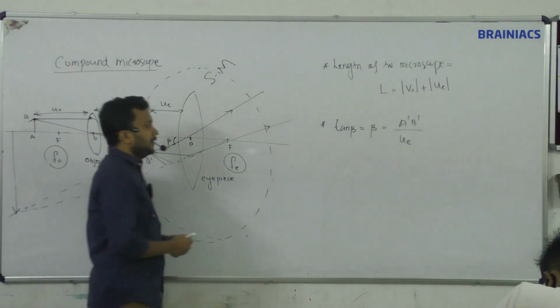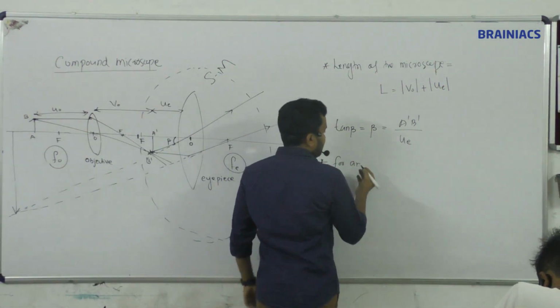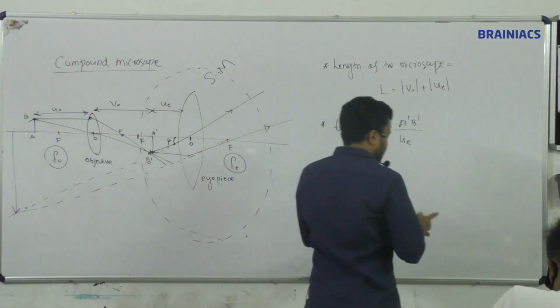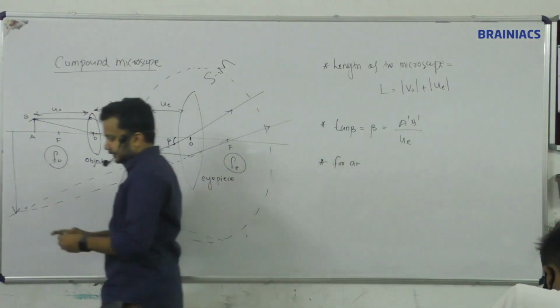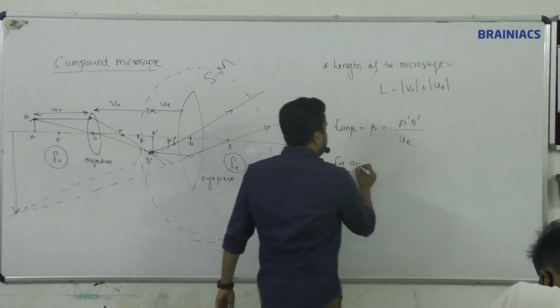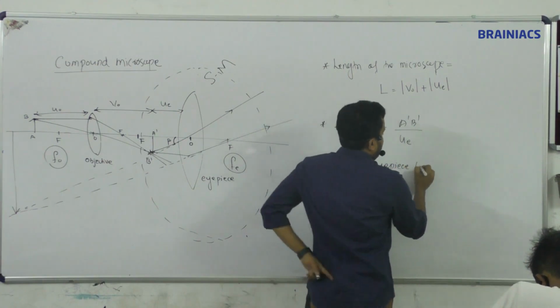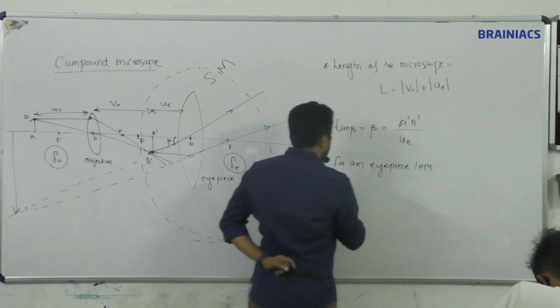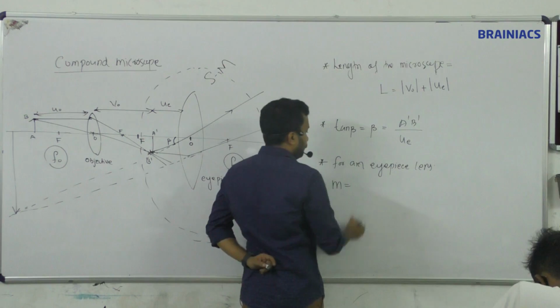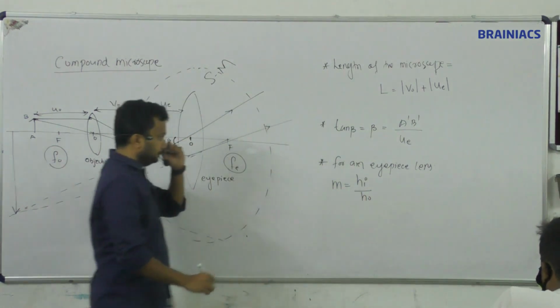We'll keep it there. We need something to express it below, right? For an eyepiece lens, magnification M equal to height of image by height of object.